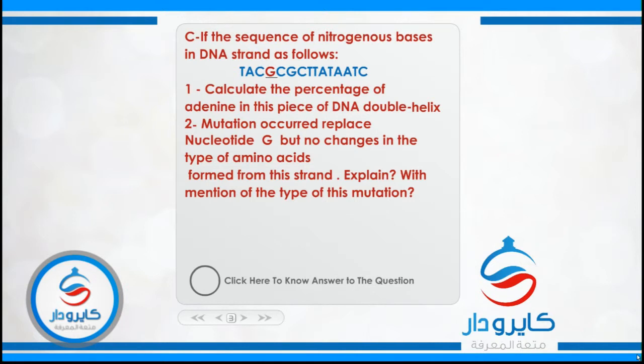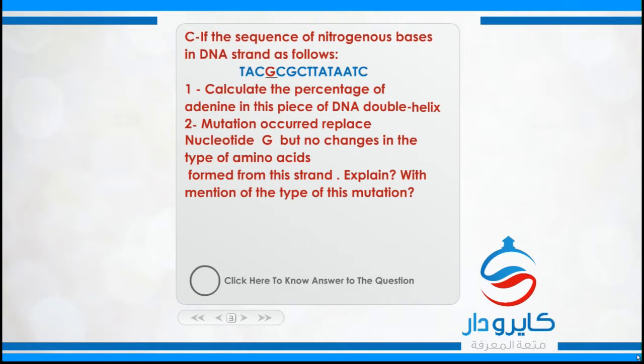Adenine is the A. To calculate the number of adenine in the double helix, or the two strands, we can calculate the A and the T in one strand. That means the number of A in this strand is 1, 2, 3, 4.